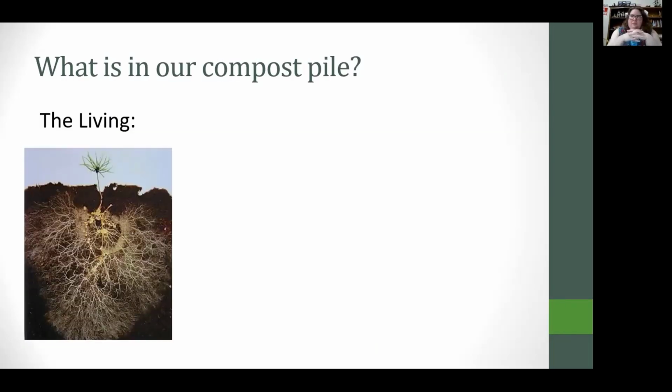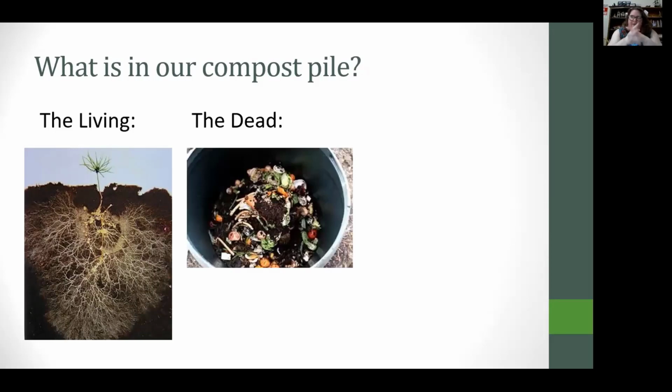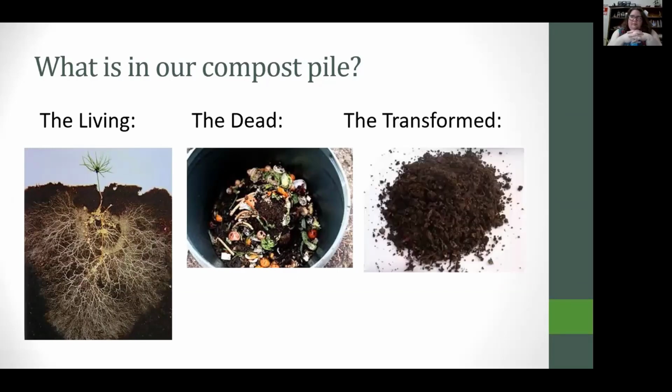There's really kind of three major components that you have in your compost pile. We've got living materials. We've got dead materials. So you've got your microbes, you've got your fungi, you've got your actinomycetes, you've got your food sources, what's going in, you've got plant residues, whatever goes into your pile. And then the last piece that we have is this transformation piece.